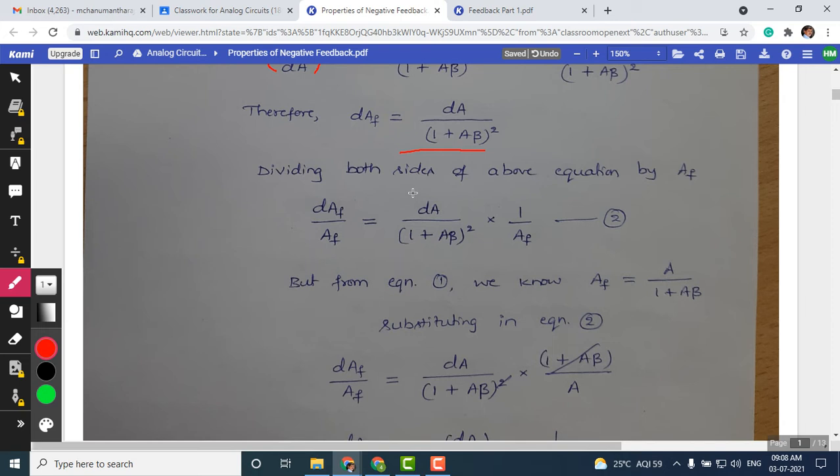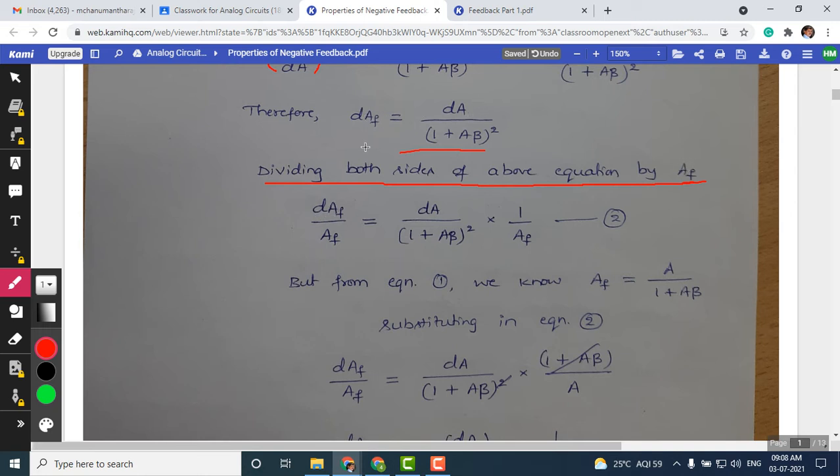For that we need to divide both sides, the left hand side and right hand side, by the factor AF. So we have here on the left hand side dAF by AF. Look at this, what we are doing, I am just showing here before the next step. We are dividing both sides, LHS and RHS, by AF.